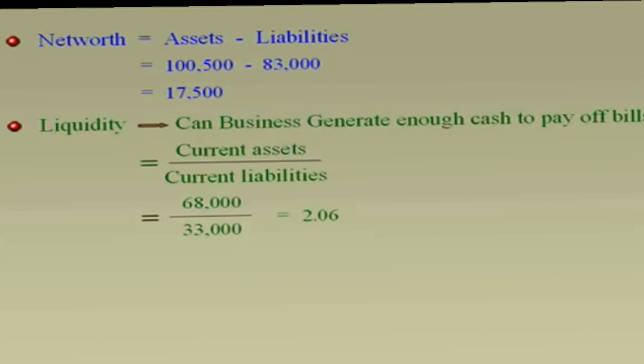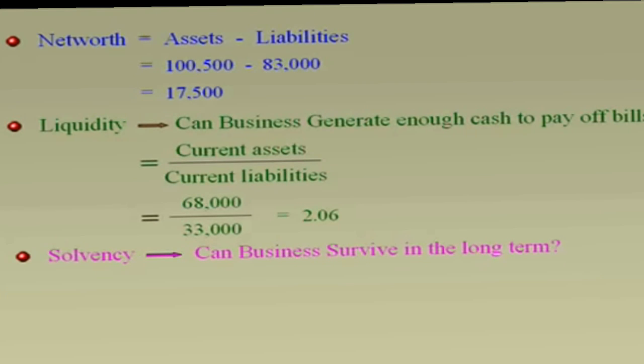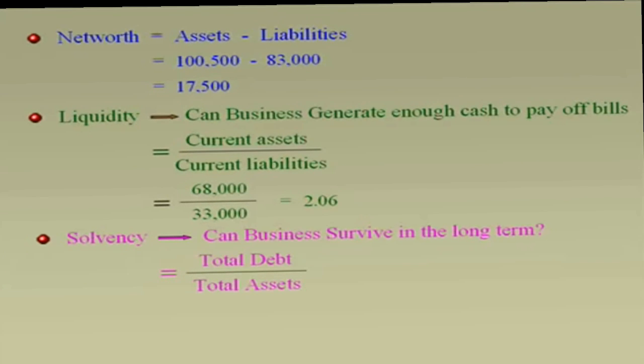Part E, what about solvency? Solvency means, can the business survive in the long term? A loan officer measures solvency by this ratio: total debt, which is the money the business owes outsiders, divided by total assets. Stop this recording and try it. What do you get? $83,000 divided by 100,005, 82.5%.